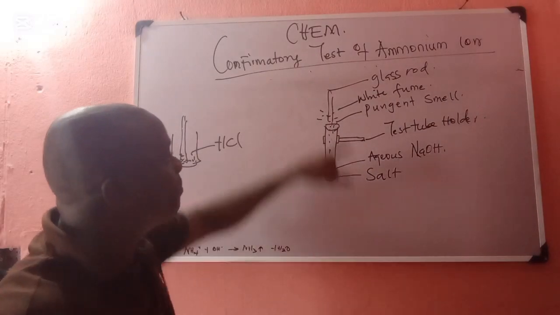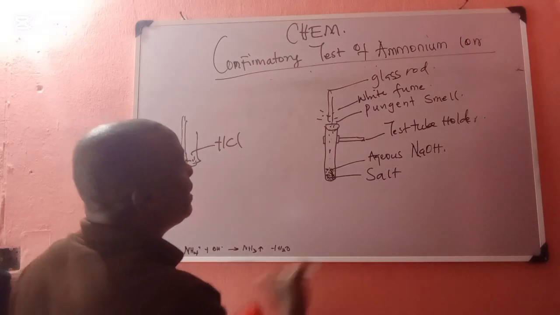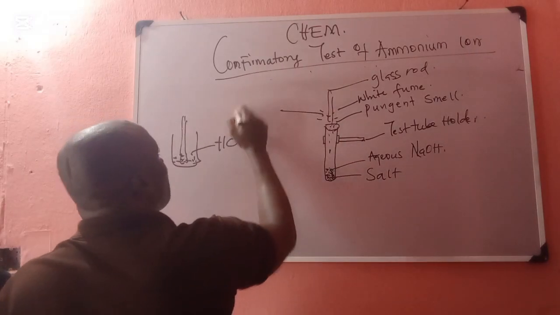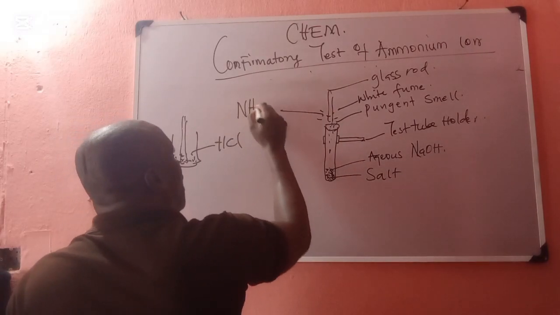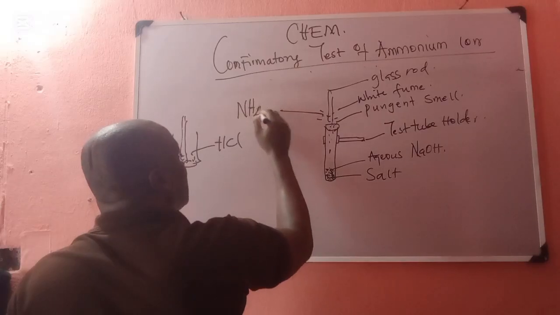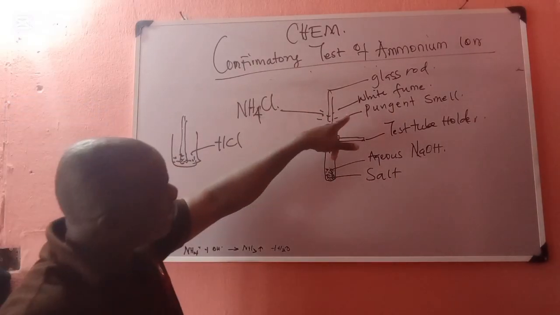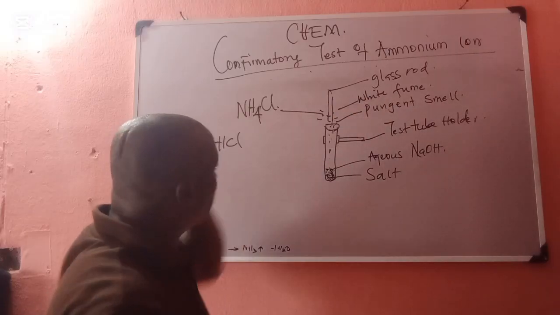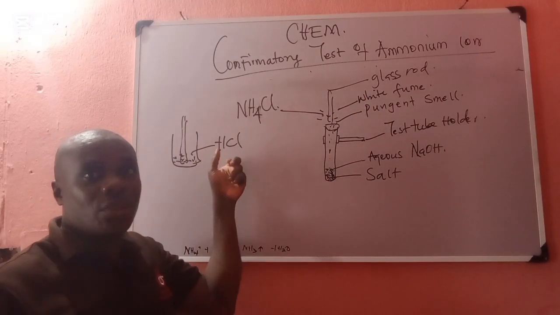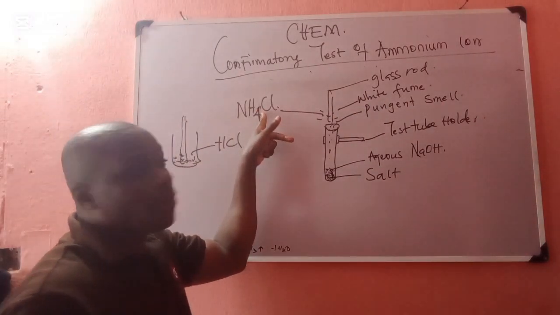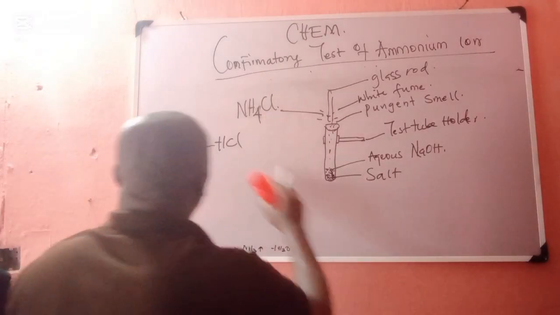The white film that will come out is due to the presence of ammonium chloride. So this white film, generated due to the glass rod that contains hydrochloric acid, indicates the presence of what? Ammonium salt.